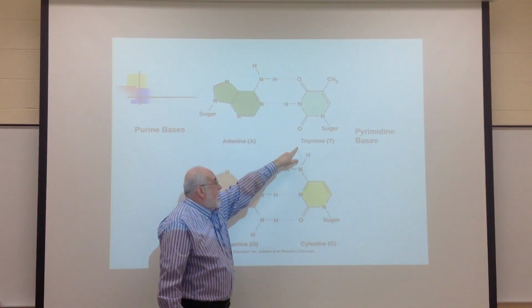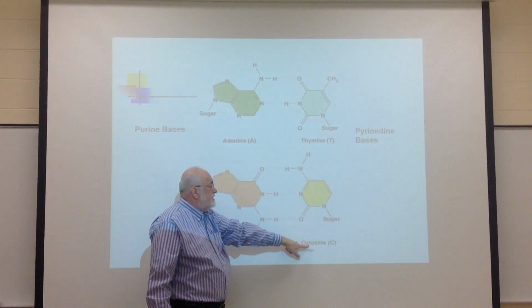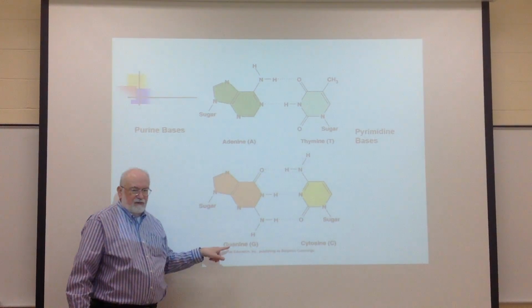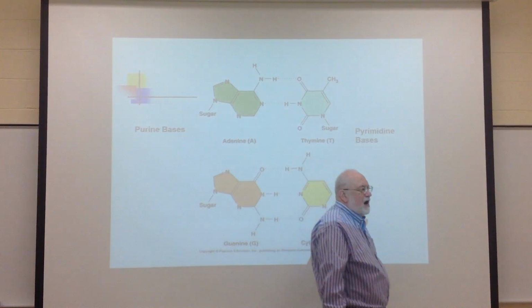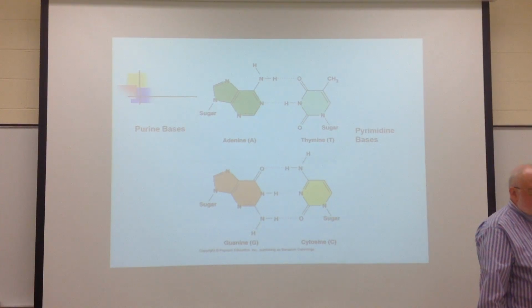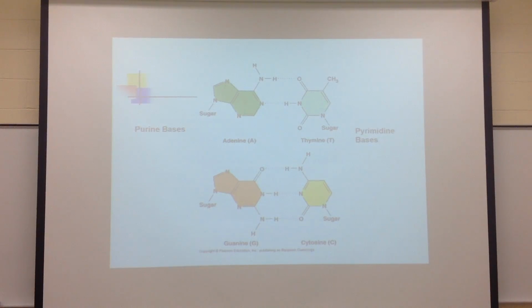Adenine, thymine, cytosine, guanine. Those are the 4 bases that can be found in the nucleotides of DNA. All right?